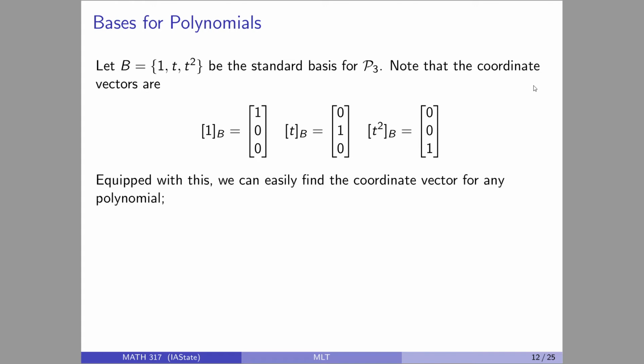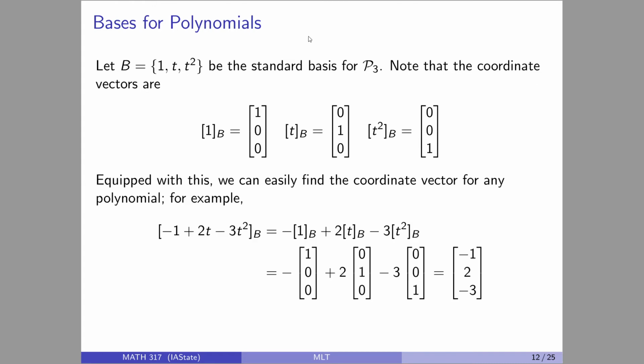Now, equipped with that, any coordinate vector can be pretty easily put together. So, for example, the coordinate vector for the polynomial -1 plus 2t minus 3t squared, well, the coordinate transformation, here note B is representing the standard basis for R3, this mapping is linear, so it respects scaling and additions, and bing, bang, boom, there you go.